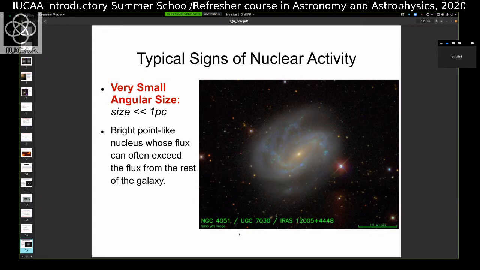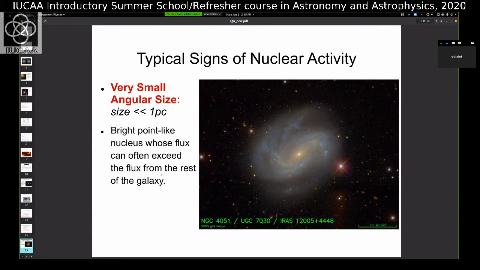We cannot resolve this nucleus in optical, ultraviolet, or X-ray bands, etc. So one can obtain an upper limit on the size, which is much smaller than about 1 parsec or a light year, for example. So this is a bright point-like nucleus whose flux can often exceed the flux from the rest of the galaxy.